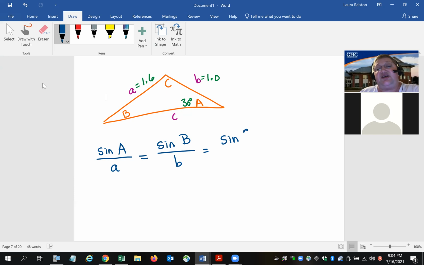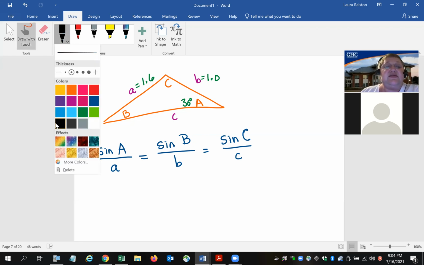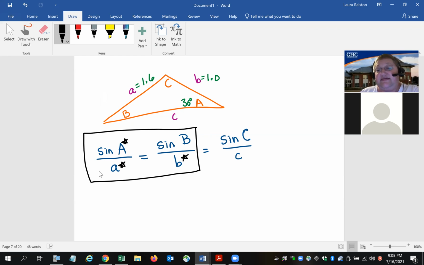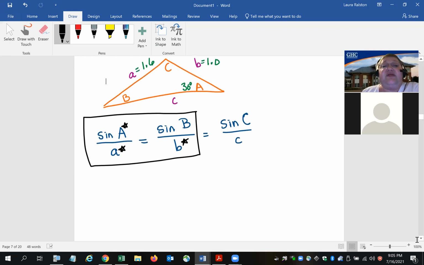If you set up the ratio of the sine of the angle to the length of the side, you can have any two of these ratios compared together. So for our problem, we're going to use this first half, because you have to know 3 of the 4 pieces. I know angle A, I know side A, and I know side B. So it's a plug and chug.